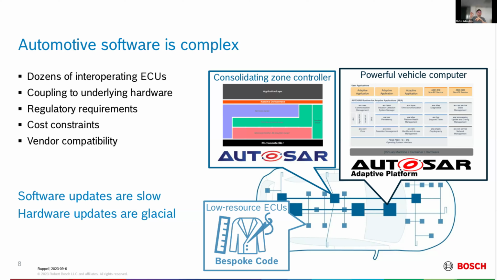And there's a lot of tight coupling between the software and the underlying hardware. There's a lot of regulatory requirements, a lot of cost constraints, and a lot of requirements for compatibility with different vendors and over time spans of up to 50 years. Updating software in such an ecosystem is an incredibly slow process. Upgrading hardware in such an ecosystem is almost impossible.